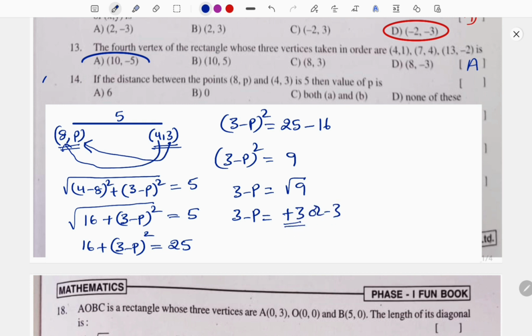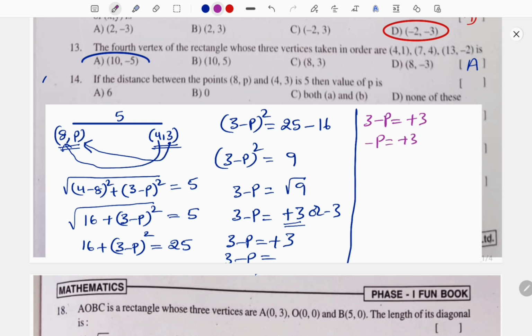First you can do with plus 3. So 3 minus p is equal to plus 3. Then minus p is equal to 3 minus 3, then minus p is equal to 0, therefore p is equal to 0.